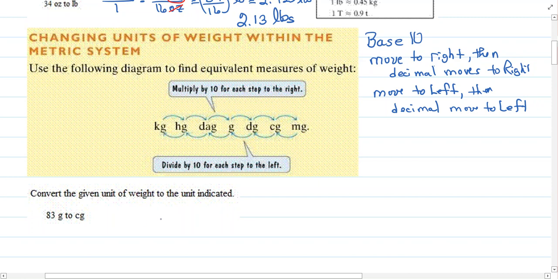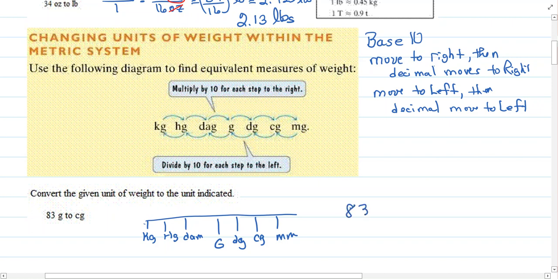So we have our chart, kilograms, hectograms, decagrams, grams, decigrams, centigrams, and milligrams. All right, so we're starting at 83 grams. So we're starting here, and we want centigrams.